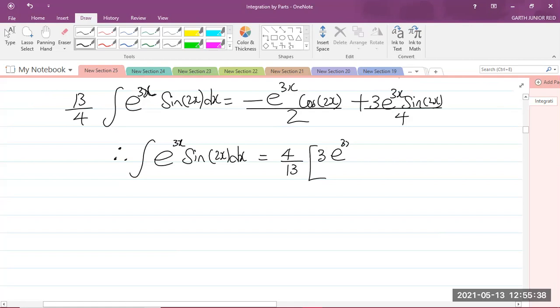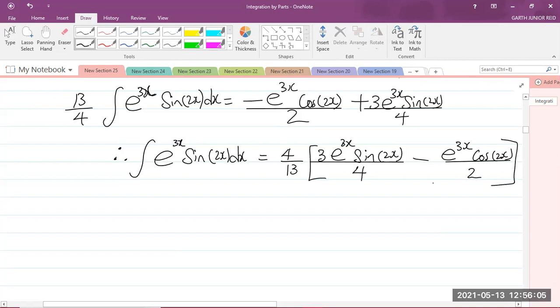So 3 e to the 3x sine of 2x, and I'm going to divide that expression by 4. And I'm going to put the first term last. That's minus e to the power of 3x times the cosine of 2x. And I'm also dividing that by 2.